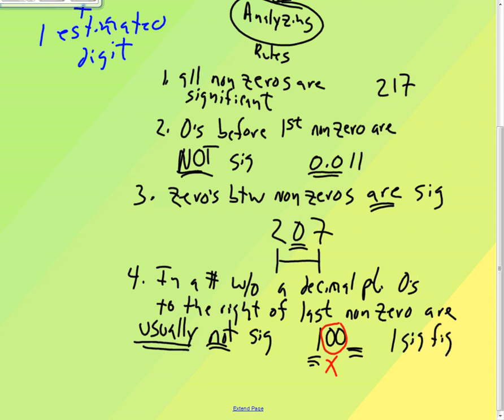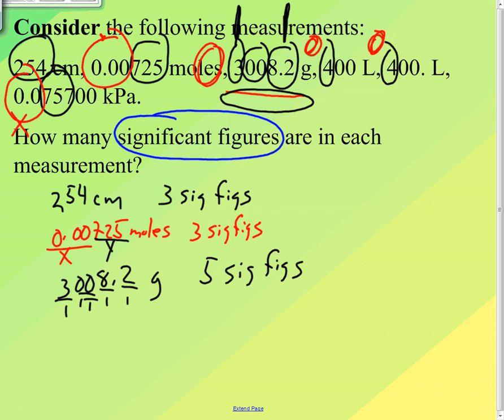So let's look at our question. Right here, I have 400, right? No decimal. My last non-zero is the 4. That means my zeros to the right of the 4 are what? Not significant. So in a number like 400, without a decimal, I only have 1 sig fig.